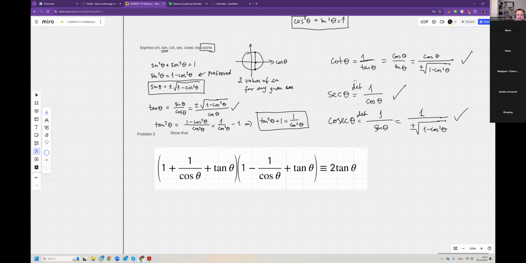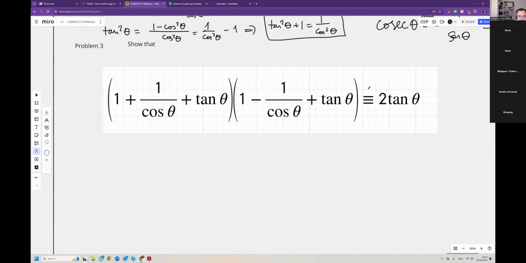Okay, so let's practice. Show that. I hope everyone understands the triple equal sign. Do ask me a question if you don't. Happy to go through that. It just means always equal to.